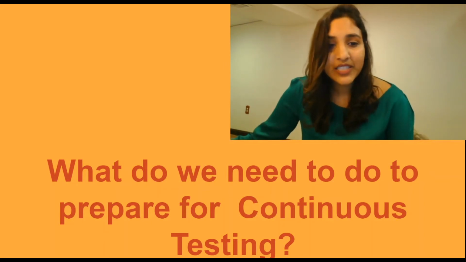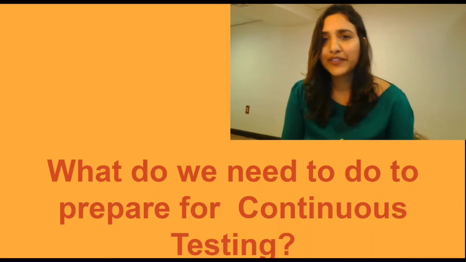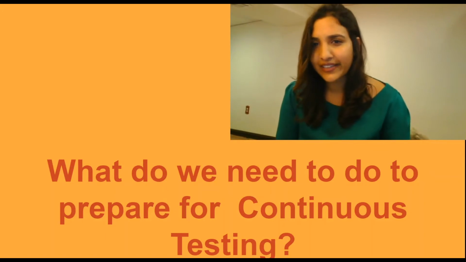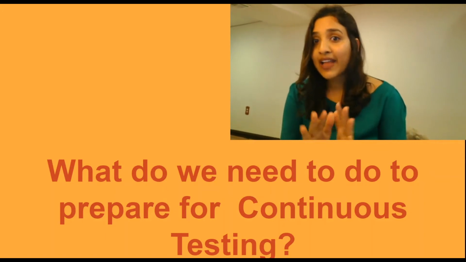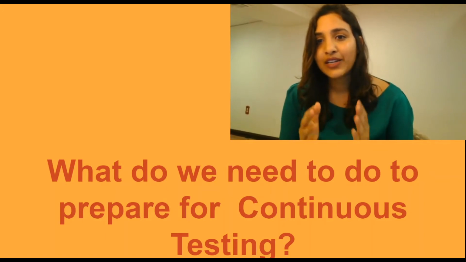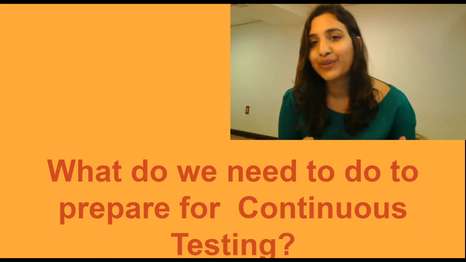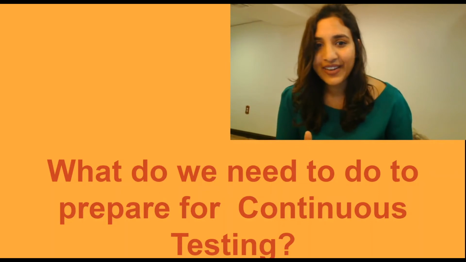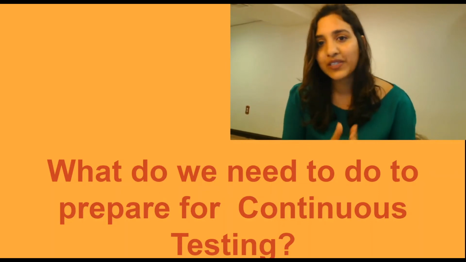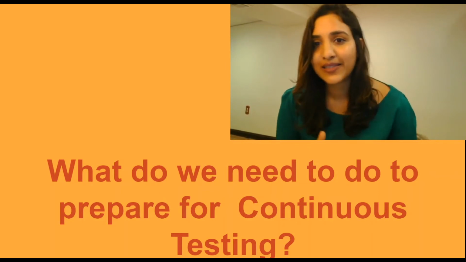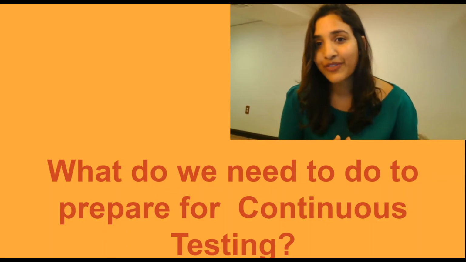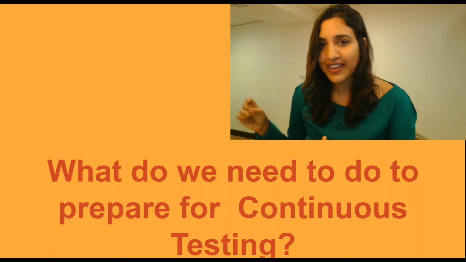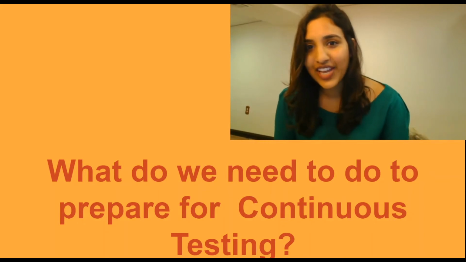But then, despite all your efforts, if your tests are slowing down the builds, they're flaky, they're having environment issues, and worst of all, if no one trusts the results coming out of the test pipeline, then what's the point? So in this talk we will discuss the checklist that one should consider before moving your automated tests into the DevOps pipeline. Now let's look at what the checklist looks like.